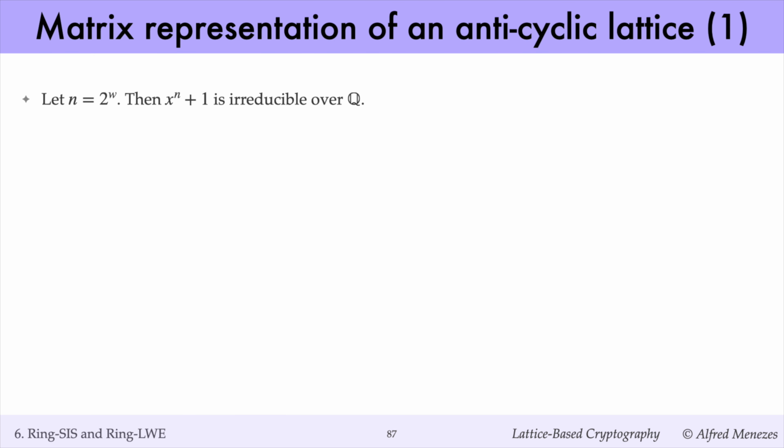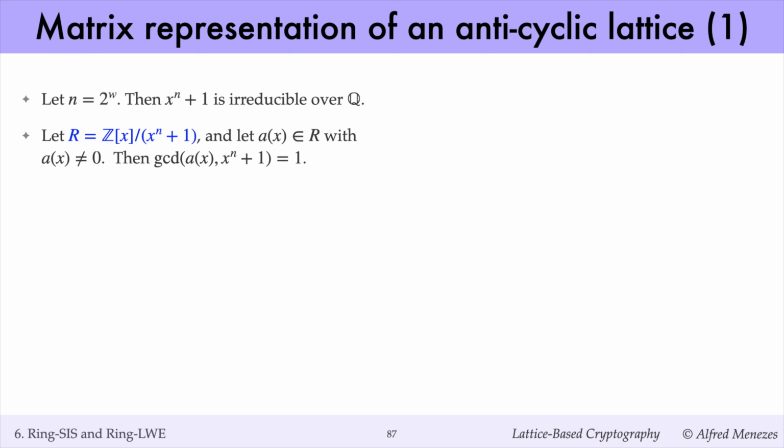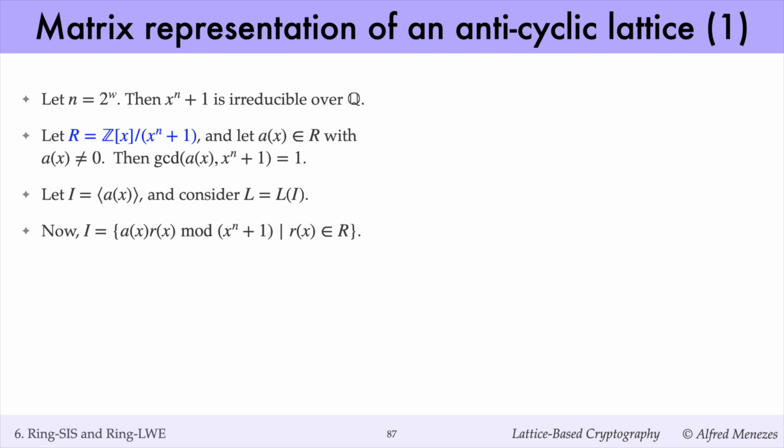Suppose now that n is a power of 2. Then x^n + 1 is irreducible over the rational numbers. I'll remark that x^n + 1 is the 2n-th cyclotomic polynomial. Let a(x) be a polynomial, and let I be the principal ideal generated by a.